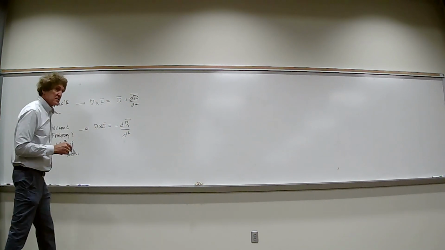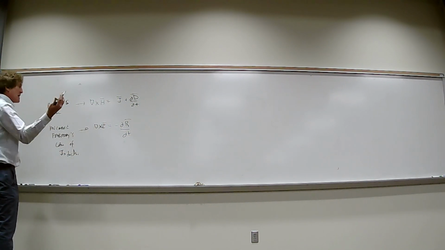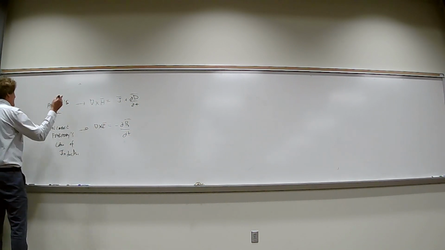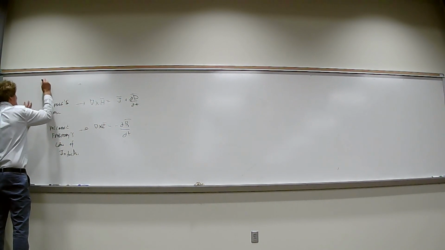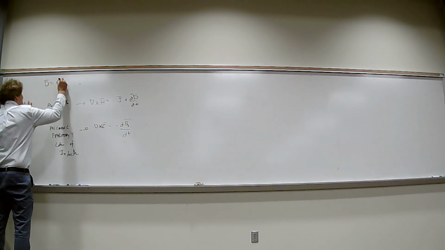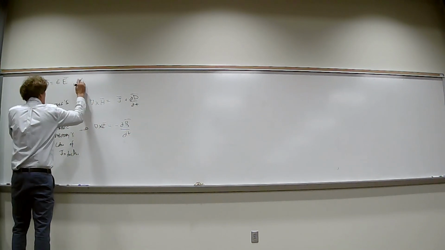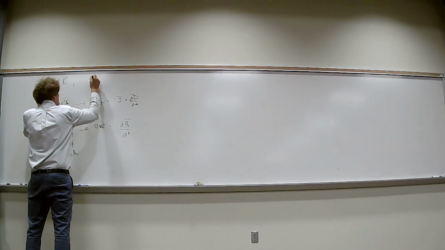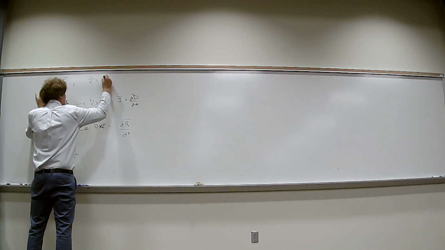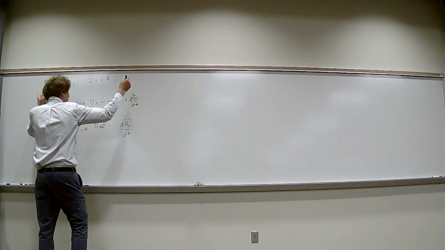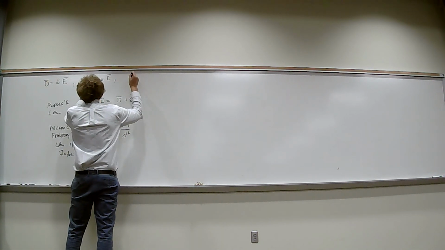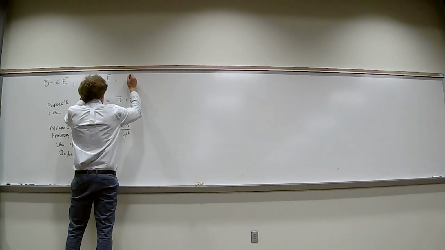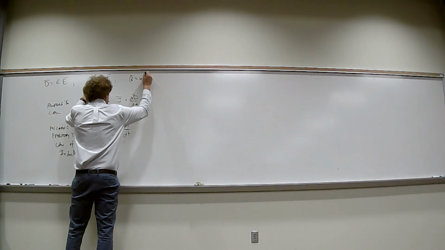Now those are two equations, and the linkage between J, D, B, and E and H are these. D, as you know, is equal to epsilon E. That's always true. J is equal to sigma, the conductivity, times E. That's always true. And B is equal to mu H. That's always true.